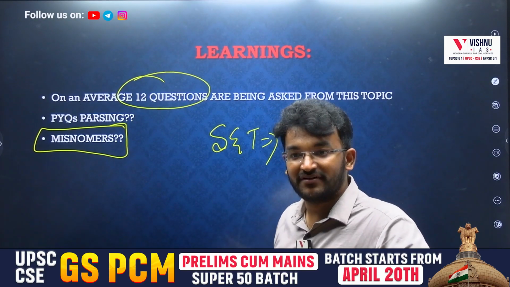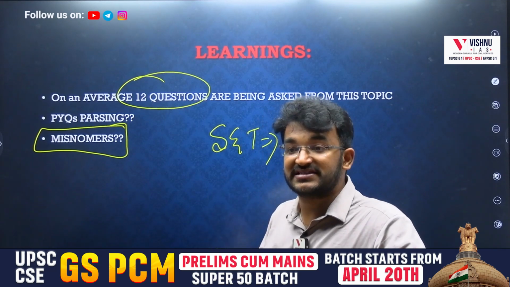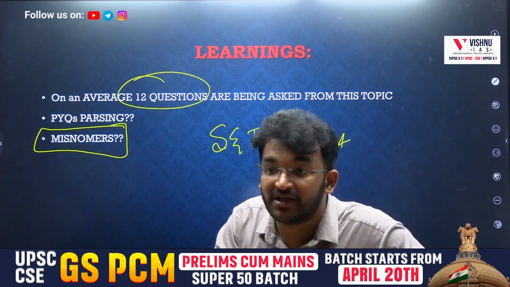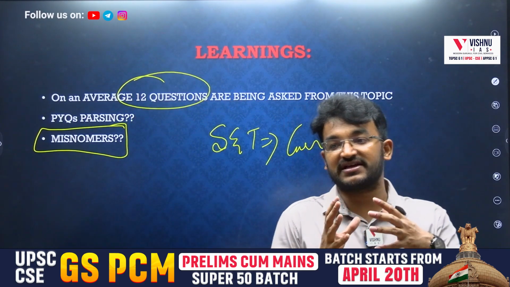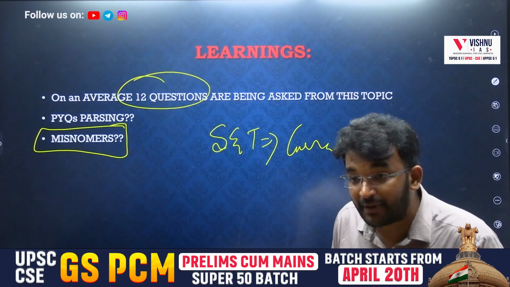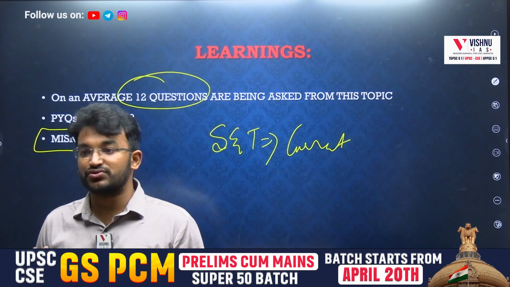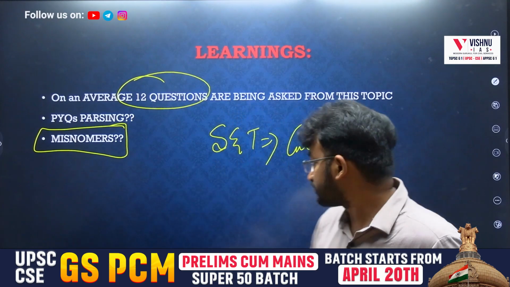In geography too. In all the subjects, you cannot write an essay, an ethics answer or many answers without the knowledge of science and technology. On the face of it, you might feel that science and technology is a small, less weighted subject, but it has huge weightage. Understood? Right.